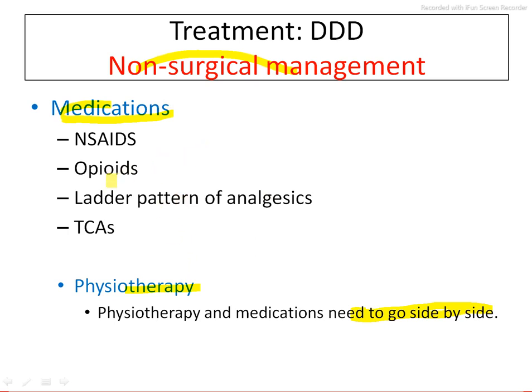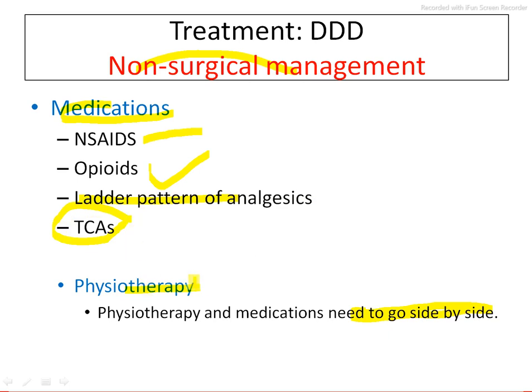The ladder pattern of analgesics needs to be followed, which means initially low dose NSAID, then higher dose NSAID, and if it does not relieve, then we go for opioids, and sometimes tricyclic antidepressants may also be advocated.